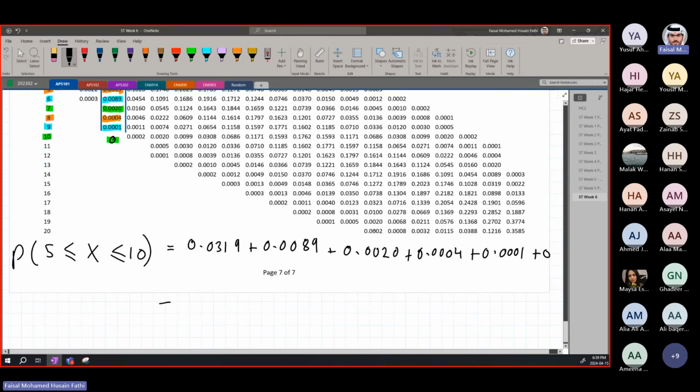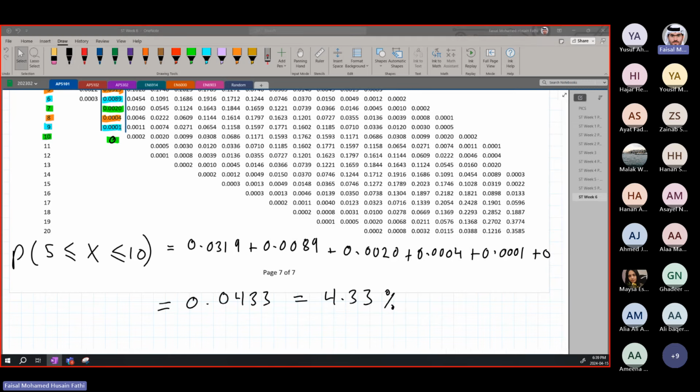Which is equal to, put this in the calculator, 0.0319 plus 0.0089 plus 0.0020 plus 0.0004 plus 0.0001, which is equal to 0.0433, which is equal to 4.33%. Okay? This is how you would solve any binomial distribution.